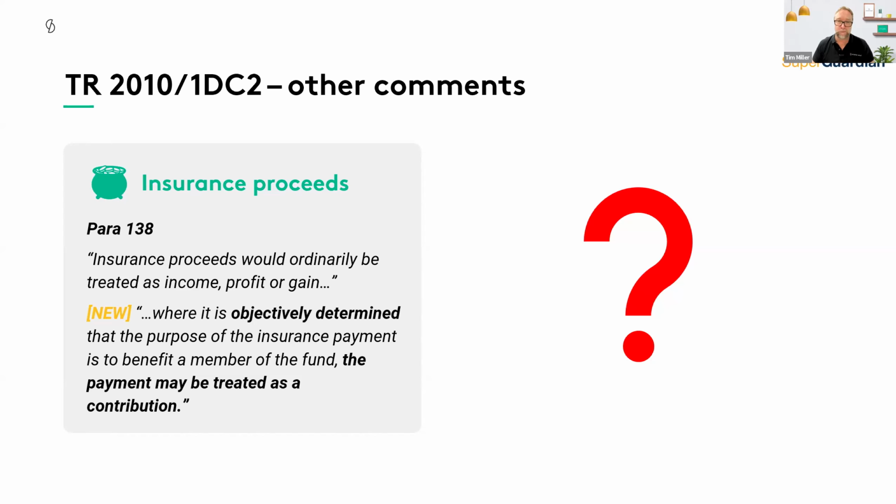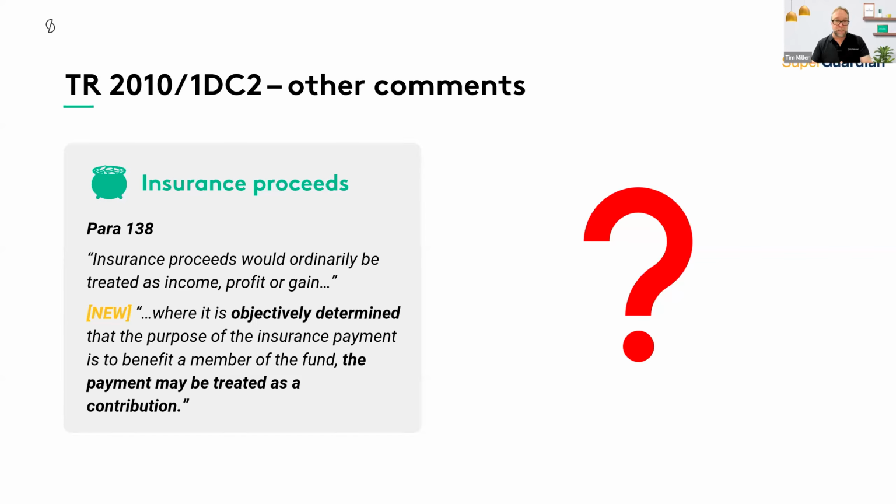Now, TR 2010-1 had one other area of concern for me with regards to its commentary. Assuming that we accept that the tax office have gone down a path of referencing in-specie contributions and asset purchases and having a link with NALI, that's fine. They can take that position, and as an industry, we have to work around it.